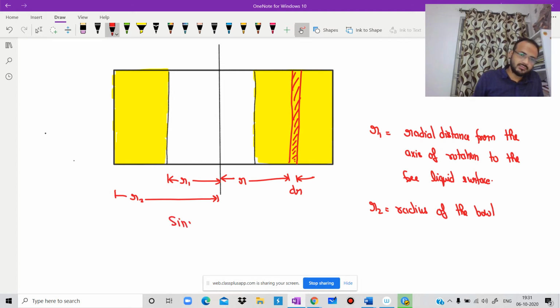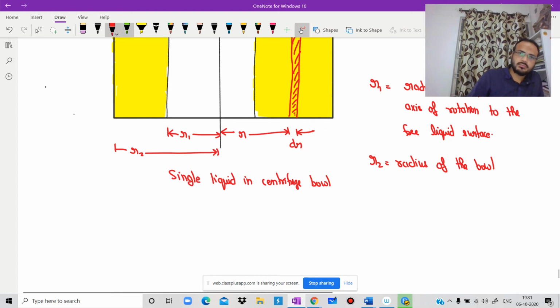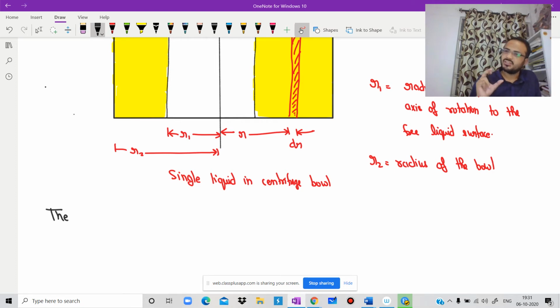We have a single fluid in the centrifuge bowl, and the entire mass of this complete rotating fluid is, we can say, a rigid particle. Rigid means there is no relative motion: if one particle is here and another is here, there is no relative motion.